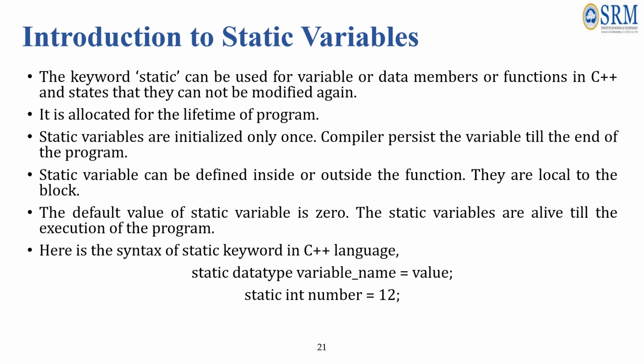So that is the major difference between static and non-static variables, and also static variables are alive until the end of the execution of the program. So how to define a static variable? Static, data type, variable name, equal to some value. Here static int is the data type, and number is the variable name, equal to 12. So this is how we declare a static variable.